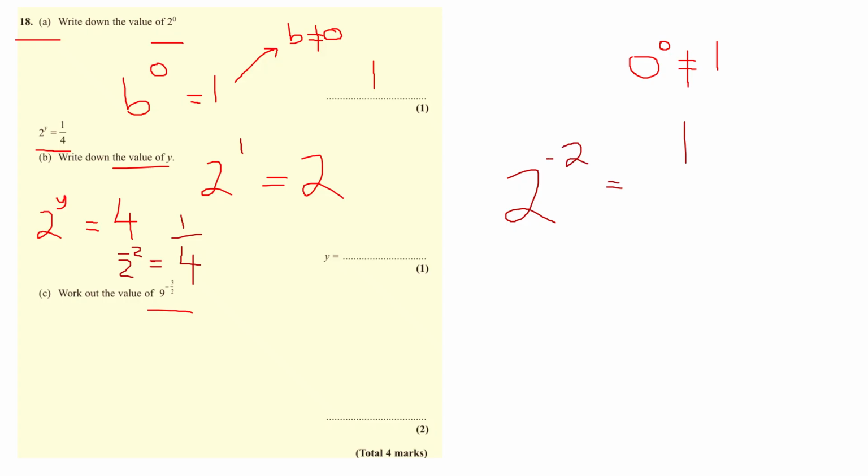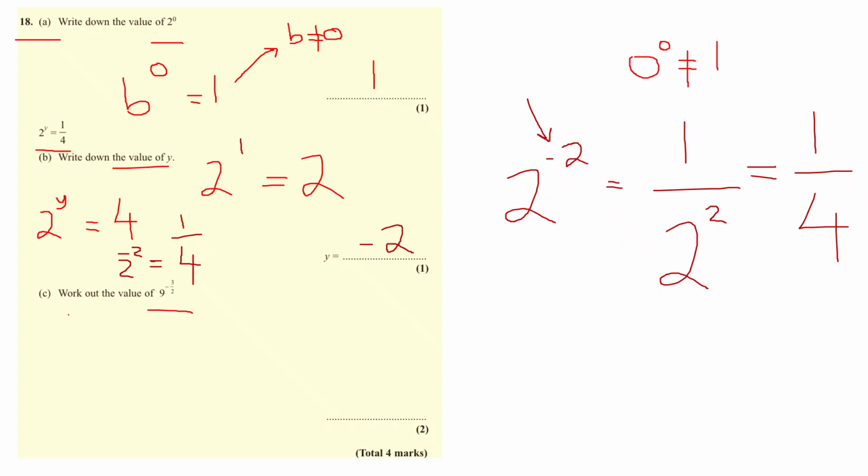This just means 1 over 2 squared, because that negative power makes it 1 over, in other words, it does a reciprocal, and 2 squared is 4. So this is going to be 1 over 4 or a quarter. So y equals minus 2 here, because 2 to the minus 2 is 1 over 2 squared, which is 1 over 4.